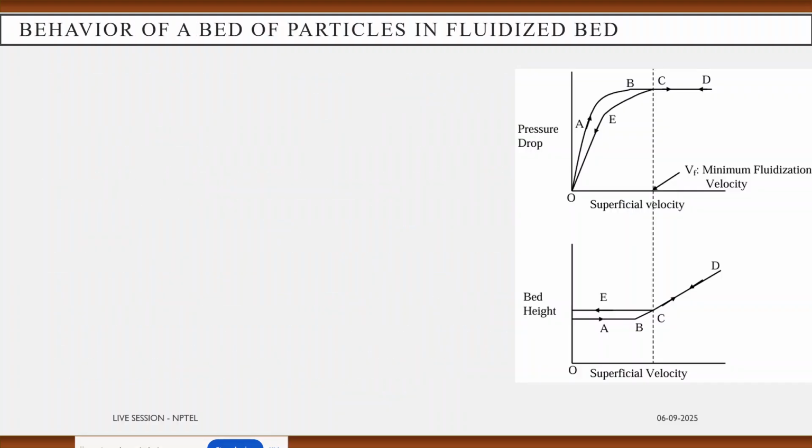In detail, we are going to discuss how the behavior of the bed particles happens in a fluidized bed. At first, when there is no flow, the pressure drop is zero, and the bed has a certain height.